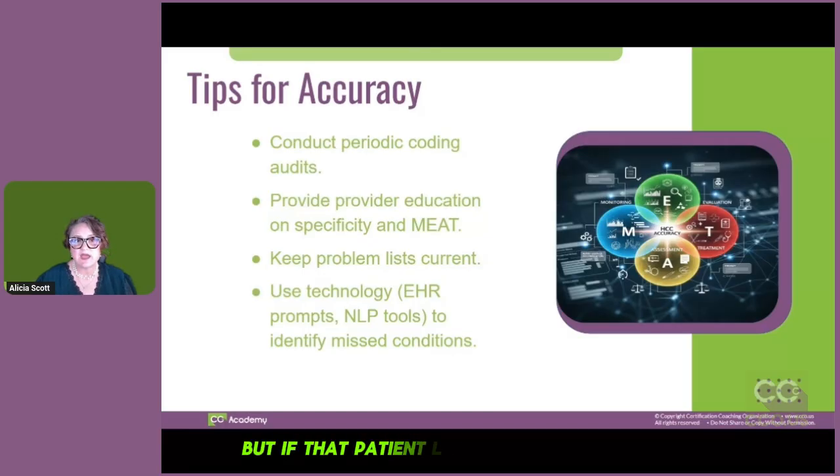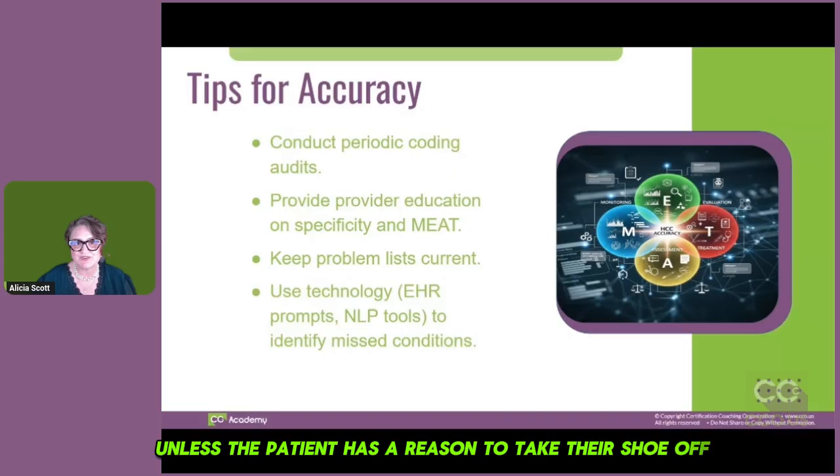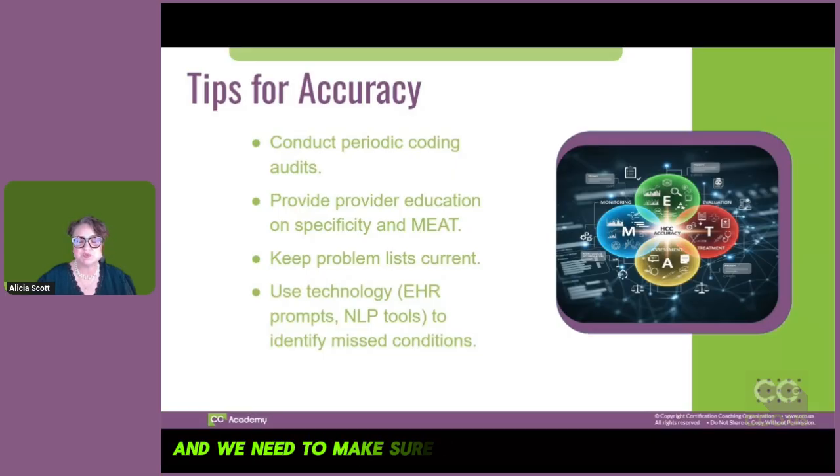But an amputation, like a toe amputation, isn't necessarily going to be captured unless the patient has a reason to take their shoe off. And we need to make sure that the clinicians know what risk adjusts and why it's important to be capturing them, especially on annual wellness visits. That's like the prime time to capture chronic conditions.